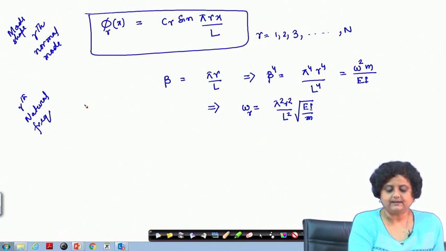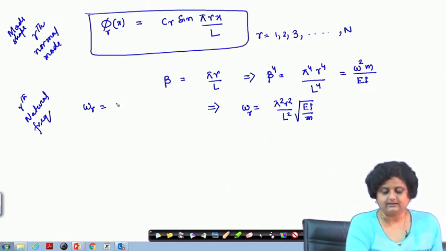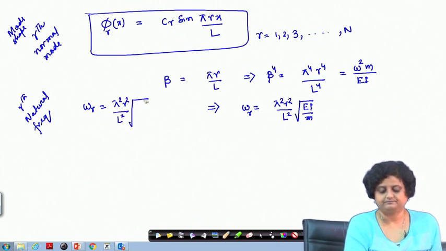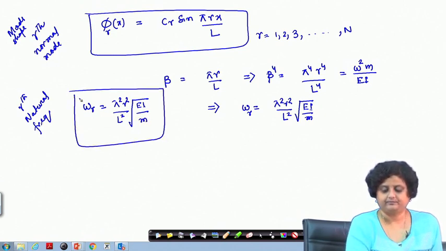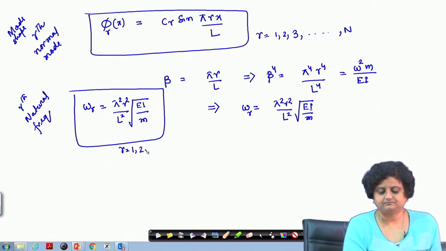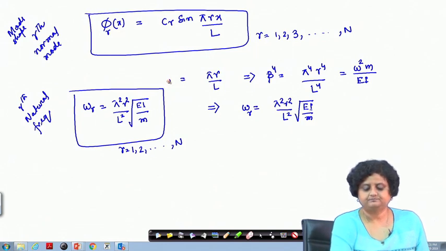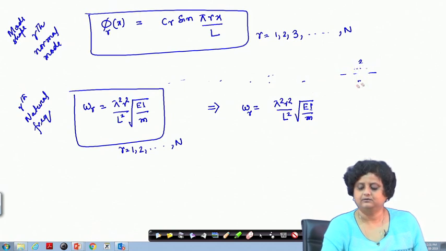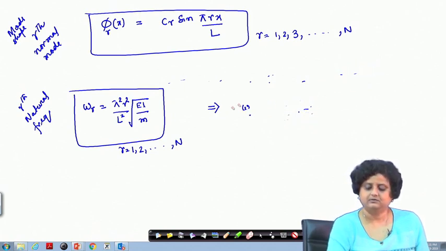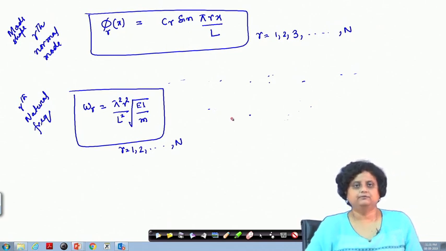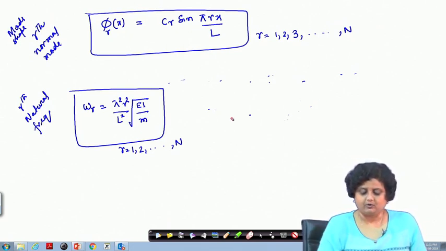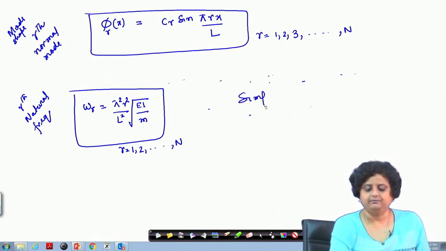Therefore, the rth natural frequency omega r is pi square r square by L square times square root of E I by m. These are the natural frequencies and mode shape of a simply supported beam.